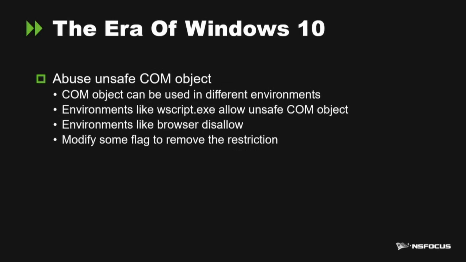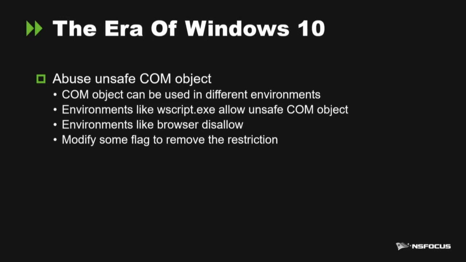For the unsafe COM object, the theory is very simple. The COM object is designed to be used in different environments. Some environments allow unsafe COM objects, which can do malicious actions such as creating a new process. And some environments disallow them, such as our browsers.